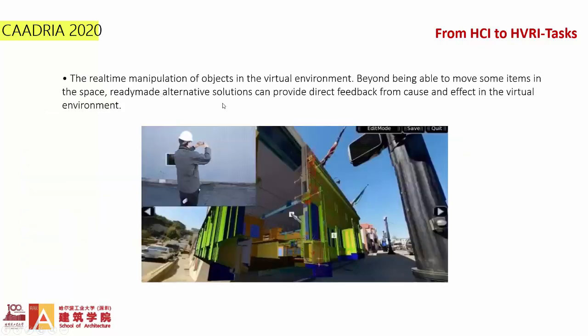And of course, the real-time manipulation of objects in the virtual environment is not just static, and not just moving objects around, but through data and direct feedback, and even maybe machine learning, the virtual reality models can provide cause and effect to give a better understanding of what is going to happen, or even simulate various environments while you are immersed in them.